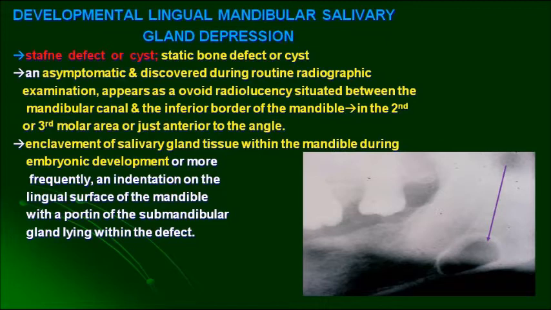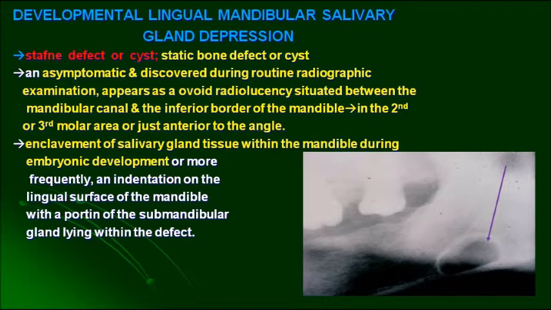So what is the location of the Stafne defect? That is very important from an MCQ viewpoint. The location is between the mandibular canal and the inferior border of the mandible. It is not seen in everyone.